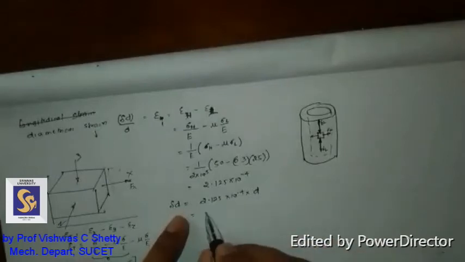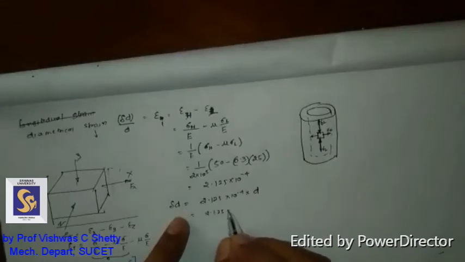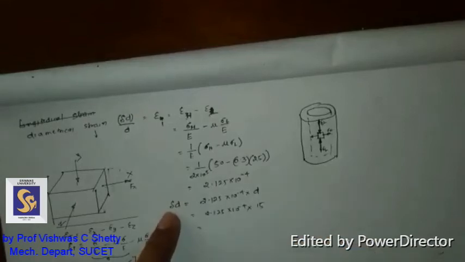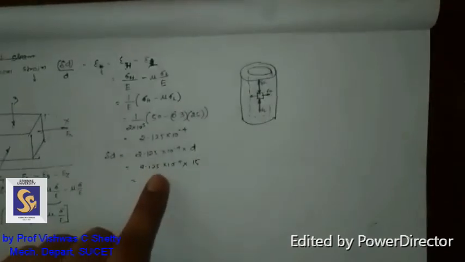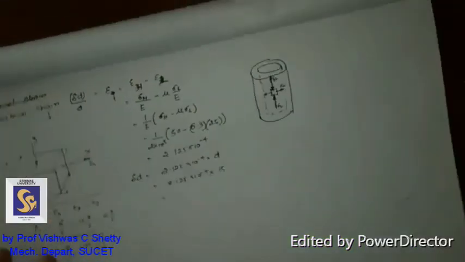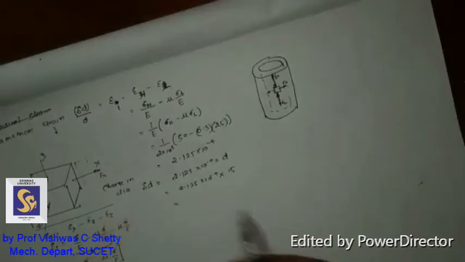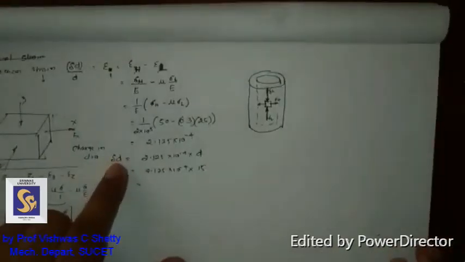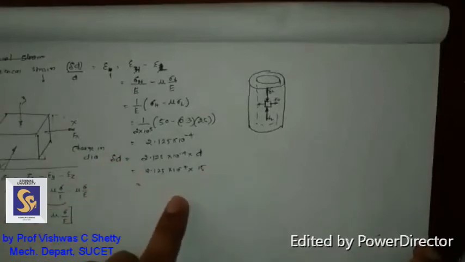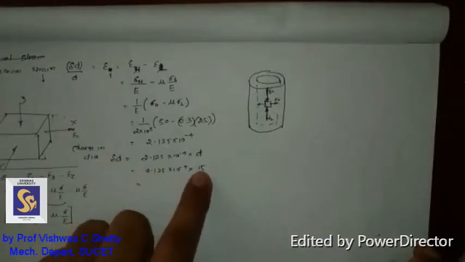So 2.125 into 10 power minus 4 into D. What's the diameter? Internal diameter is 15 mm. Can you tell me the total value? Write down the change in diameter, delta D. Quickly tell me the value. Just multiply 15 to that.